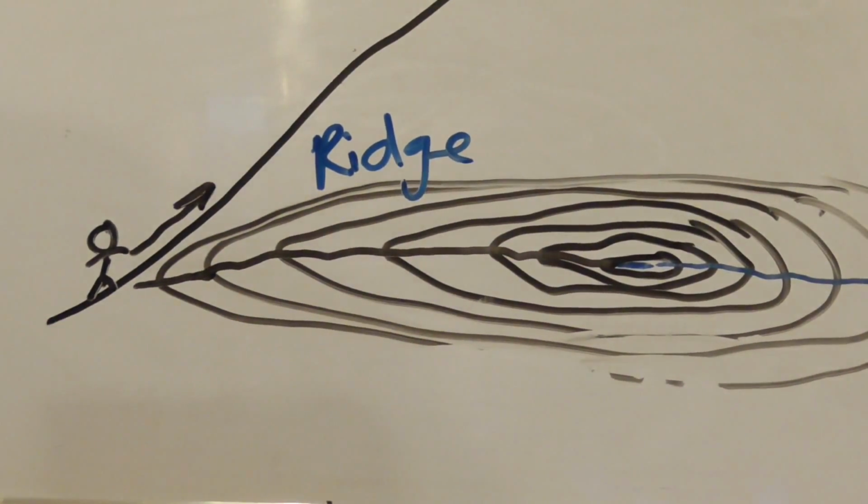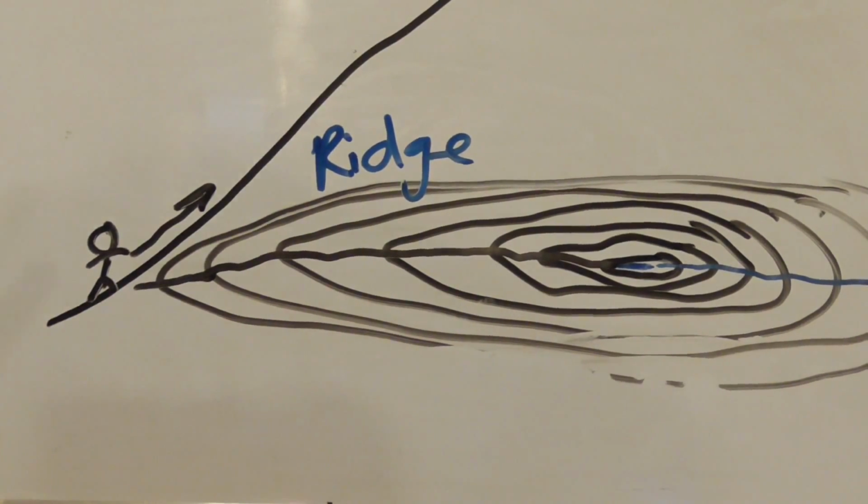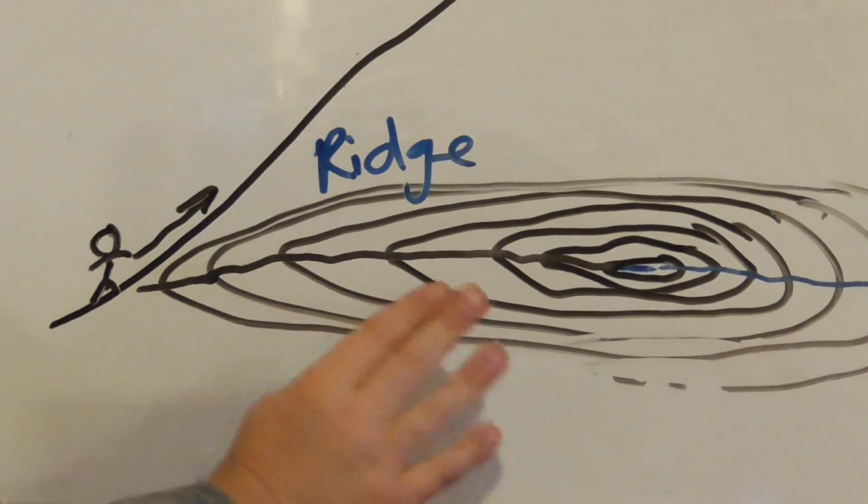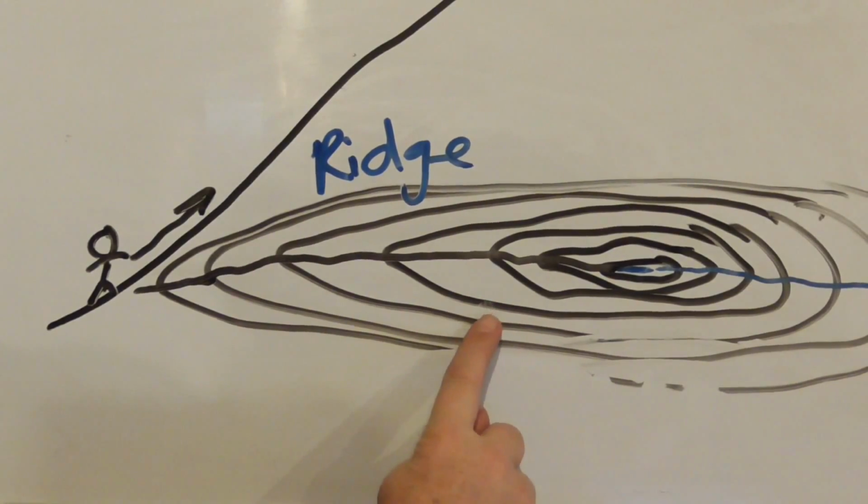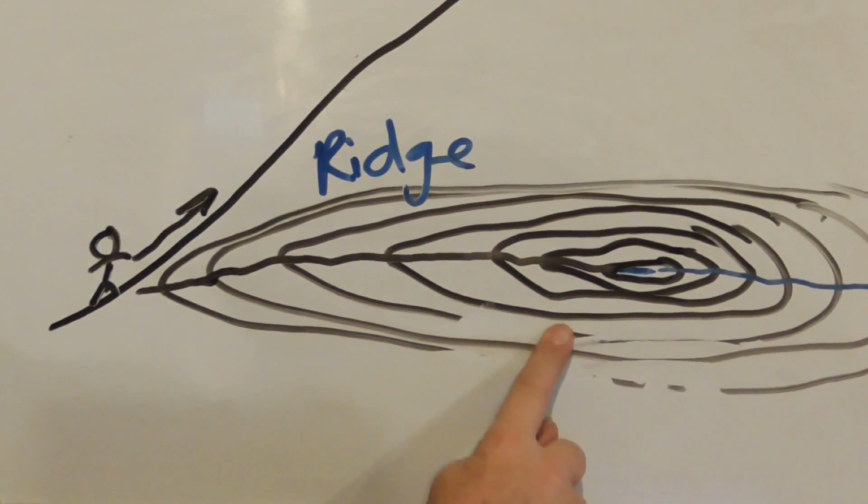Alright, a ridge. Now, something else that we have that's quite important is called spur lines. And a spur line would be something like this.